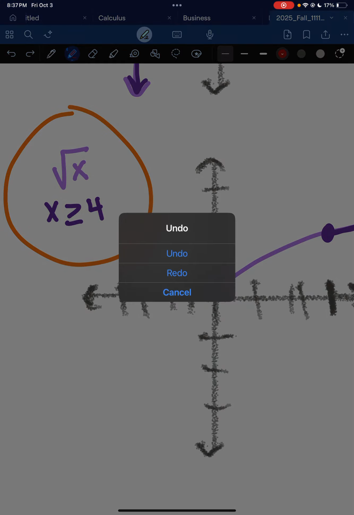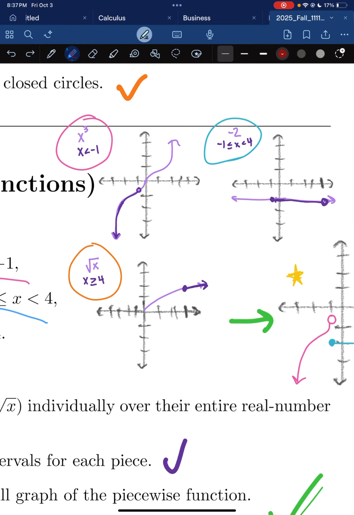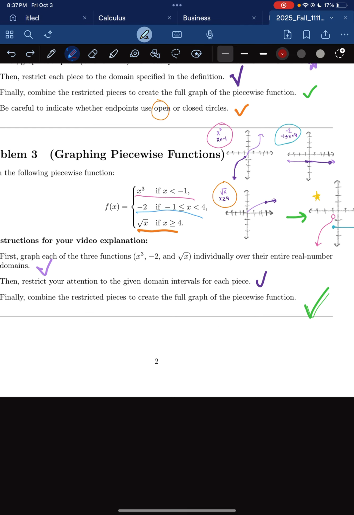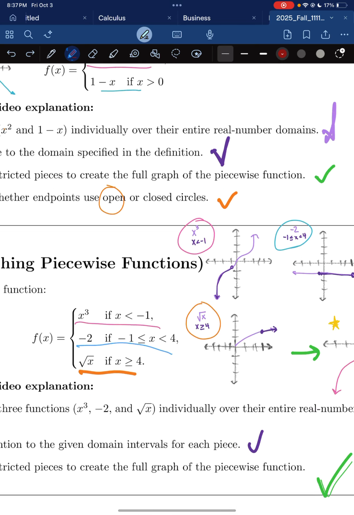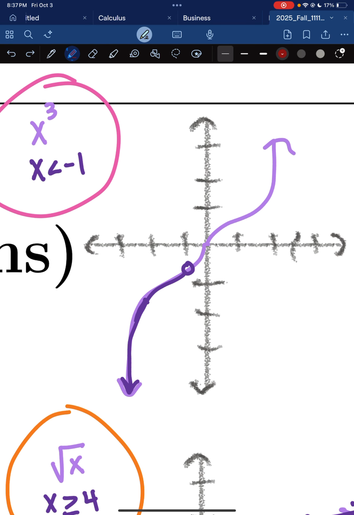So now we need to restrict the attention to the given domain intervals for each piece. So right here, we have to restrict when x is less than negative 1. So it's true when anything is less than negative 1.